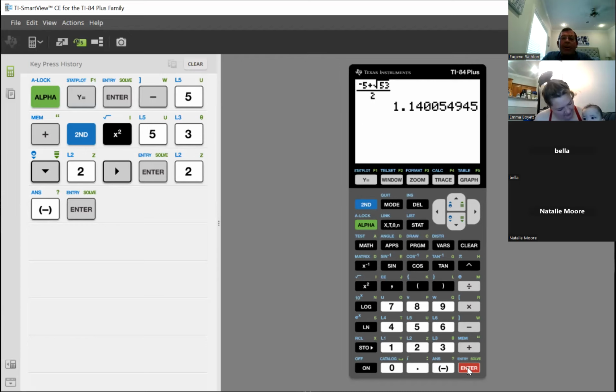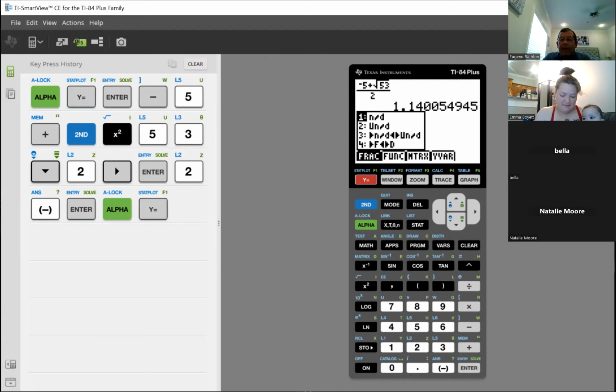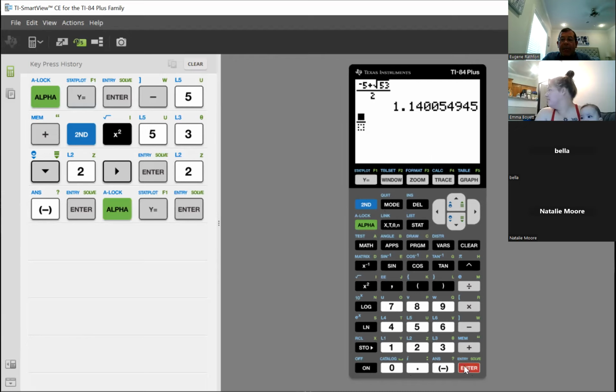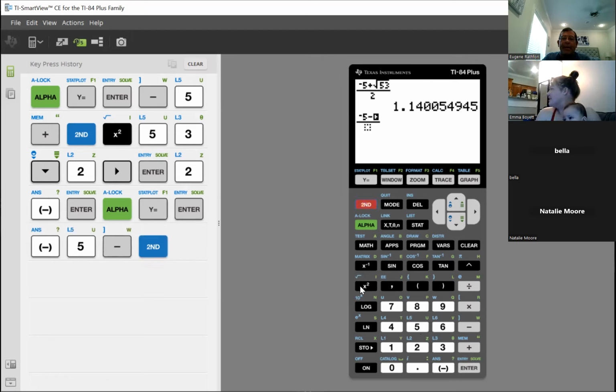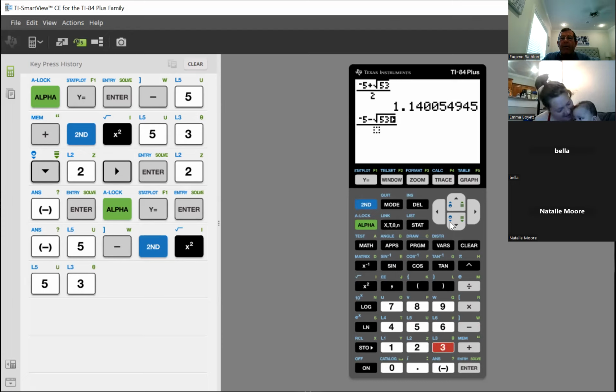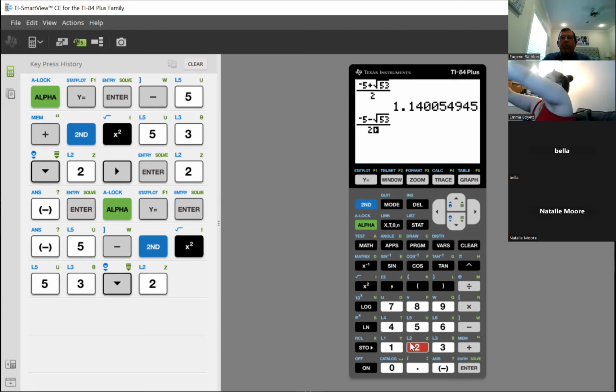All right, y'all, I'm going to go to alpha y equals again to get my fractions again. This time I'm going to do -5 minus square root, which is second x squared. Put my 53 under there. Then I'm going to arrow down to the bottom and put my 2. So this is the one being subtracted.